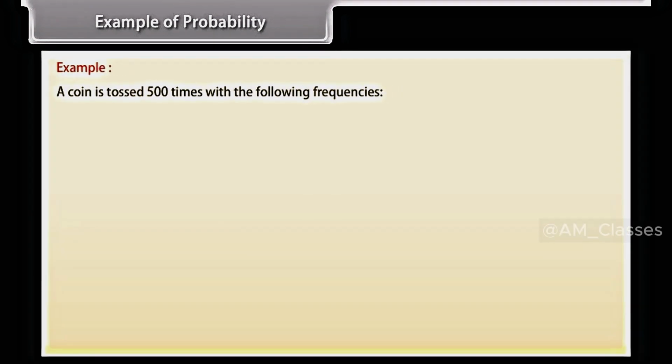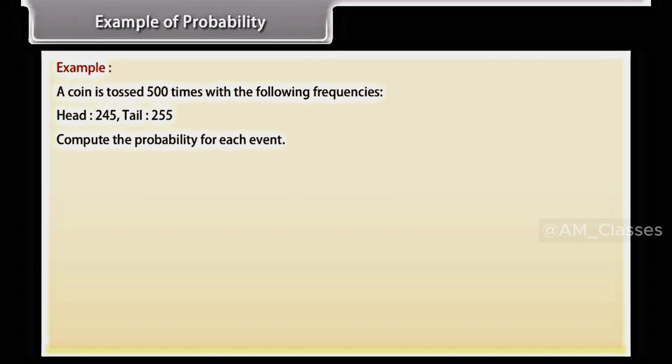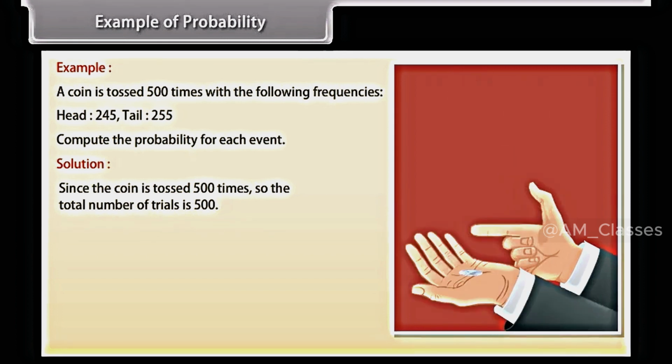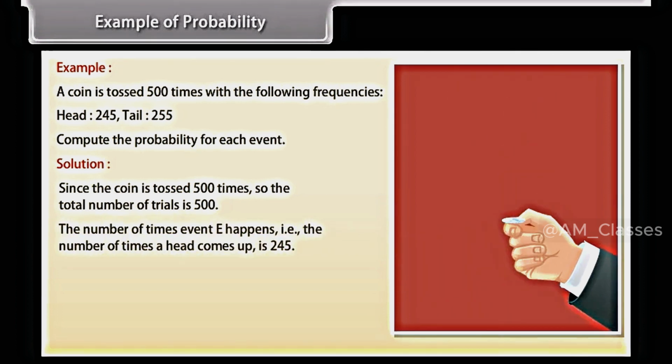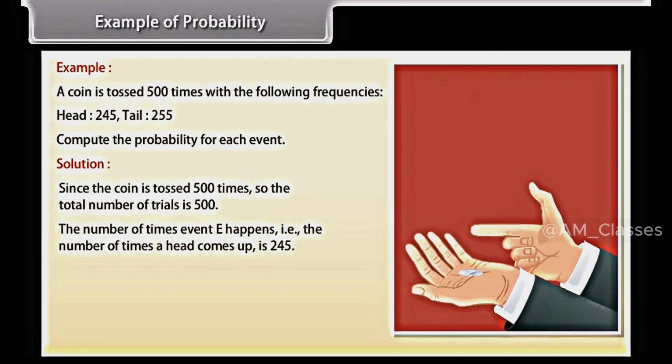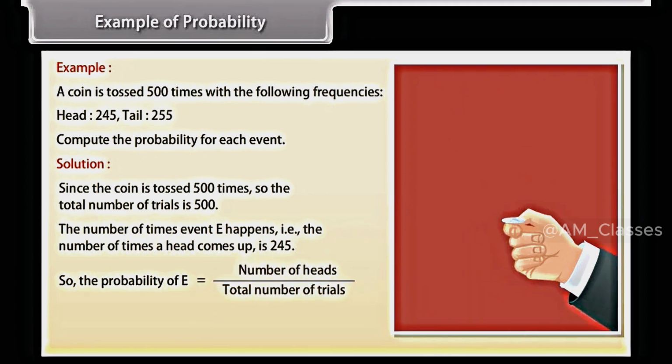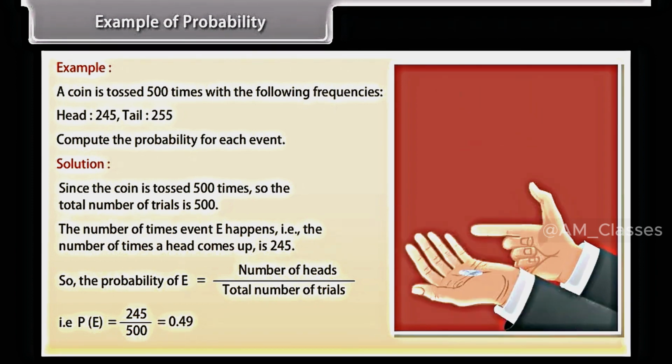Example of probability. Example. A coin is tossed 500 times with the following frequencies. Head, 245, tail, 255. Compute the probability for each event. Solution. Since the coin is tossed 500 times, the total number of trials is 500. The number of times event E happens, that is, the number of times a head comes up, is 245. So the probability of E is equal to number of heads upon total number of trials, that is, P(E) is equal to 245 upon 500, which is 0.49.